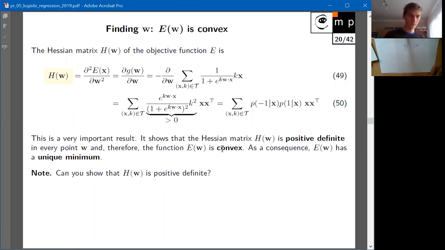One has to be careful in some special singular cases, but in general we are able to find the global minimum. So logistic regression started with the assumption that log odds is linear, then applied maximum likelihood, and it ended up with a convex problem. So we have no problems in the optimization.